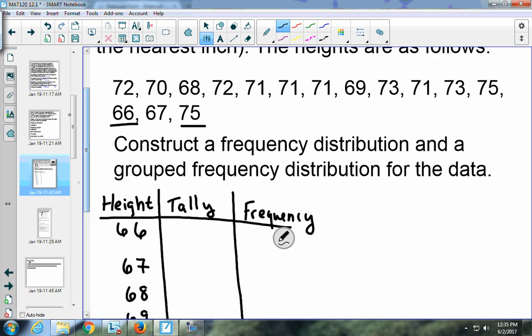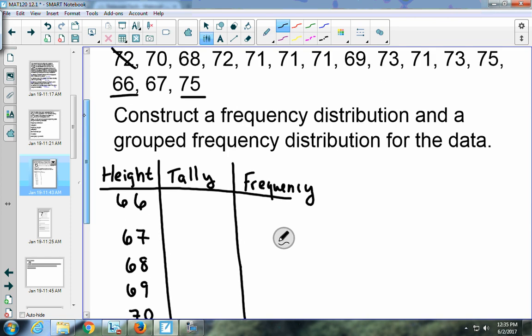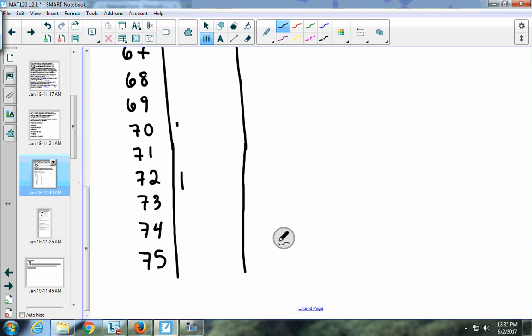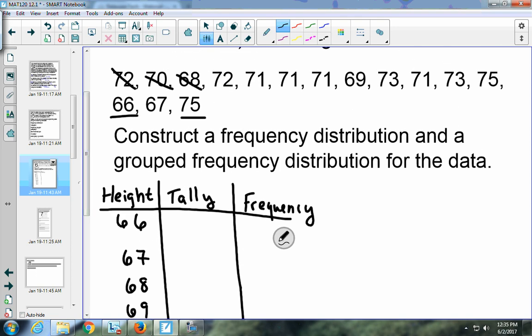Now, what I'm going to do is go through the data in order, the order that they give it to me, and put a tally mark next to the height. 72, I put a tally mark next to 72. 70, I put a tally mark next to 70. And as I look at each number, I cross it out.